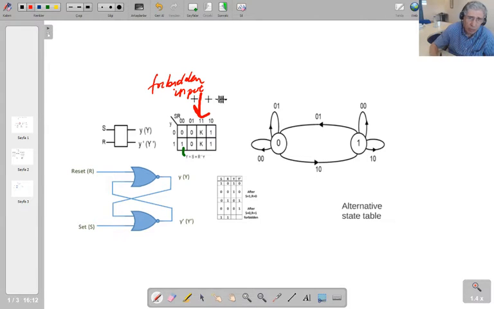So this is the state table. As you know, memory elements are the simplest sequential circuits. There were three models, and one of them was the state table. This is the mathematical model.